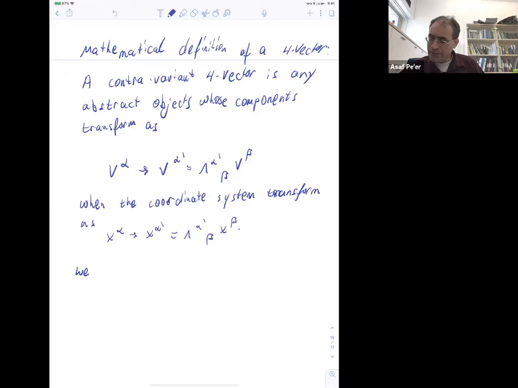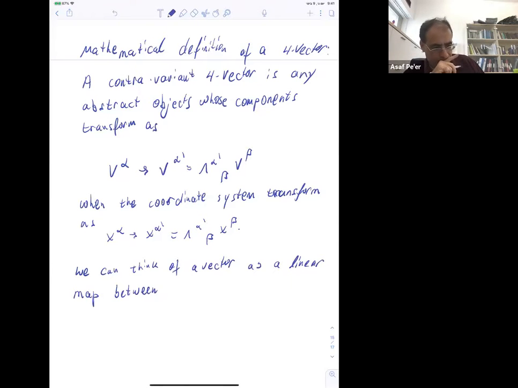So we can think of a vector as a linear map between the 4 coordinates and R.